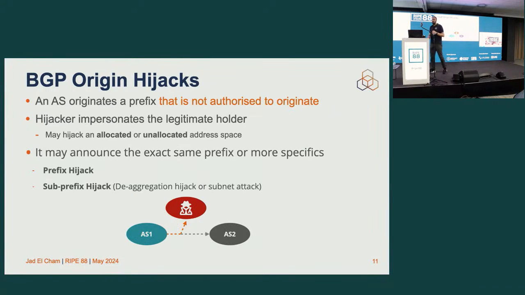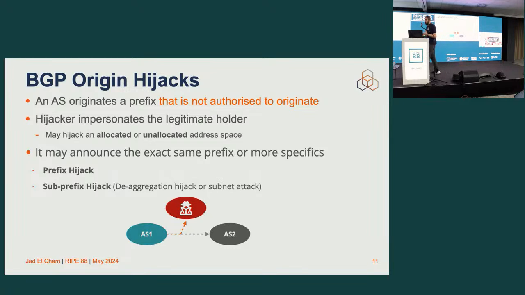Now, we will be spending more time talking about origin hijacks because this is what RPKI is meant to stop at this point in time. And these are super quick to identify because theoretically, we know who is holding the IP addresses, the IP ranges.